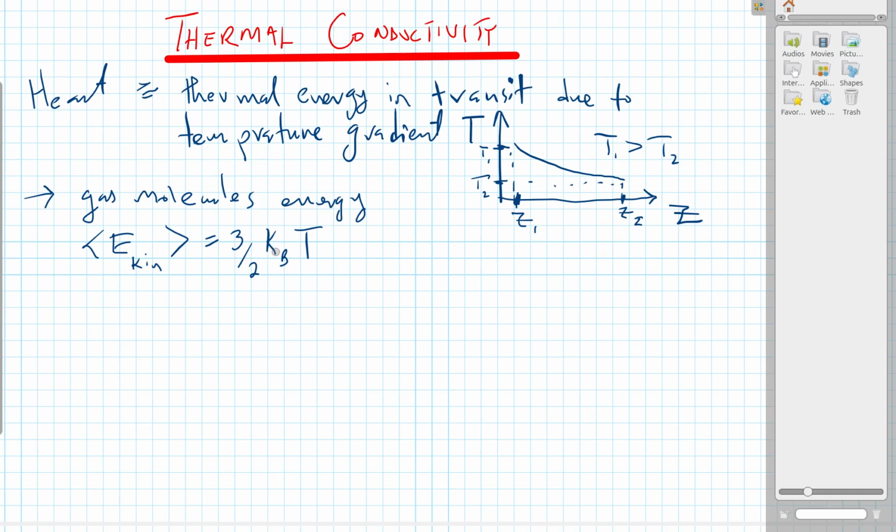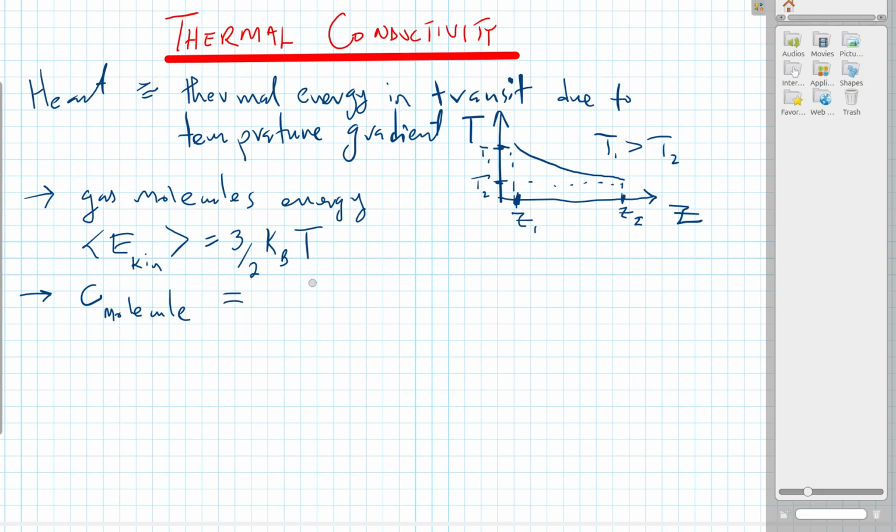And as the molecules move around, we can think of them as carrying the energy with themselves around, right? And because of that, we can define a kind of heat capacity for a molecule, C molecule.